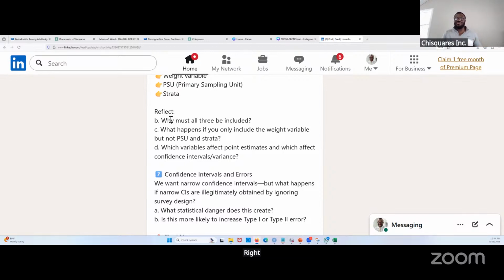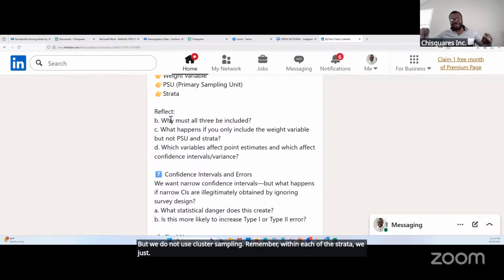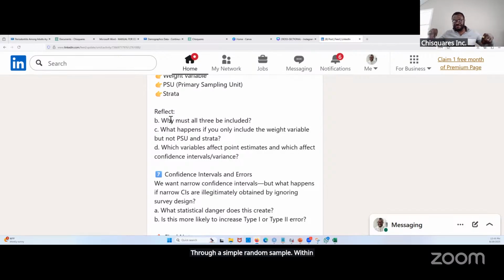So in this case, we created strata, and we have created a scenario where the sampling probabilities are unequal across the strata. So we have to adjust for that. But we did not use cluster sampling. Remember, within each stratum, we just drew a simple random sample. So there is no clustering, but there is stratification and there are unequal selection probabilities.